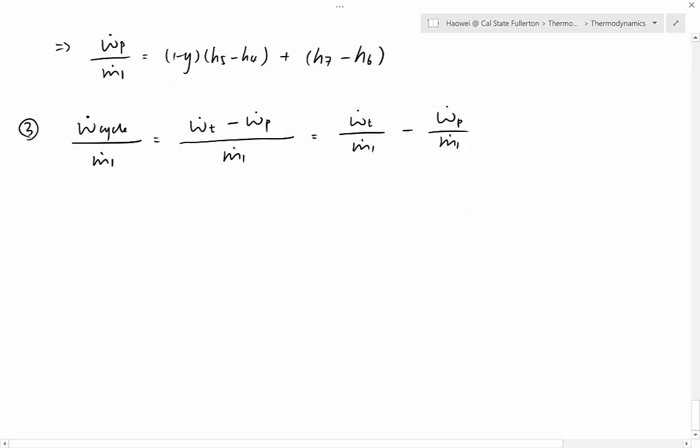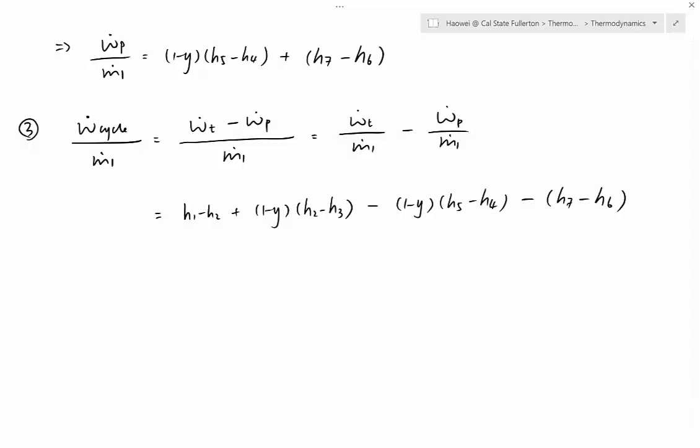So we just combine them together. The solution is H1 minus H2 plus 1 minus y times H2 minus H3 minus 1 minus y times H5 minus H4, and then minus H7 minus H6. So this is the net amount of work that can be produced from this regeneration cycle.